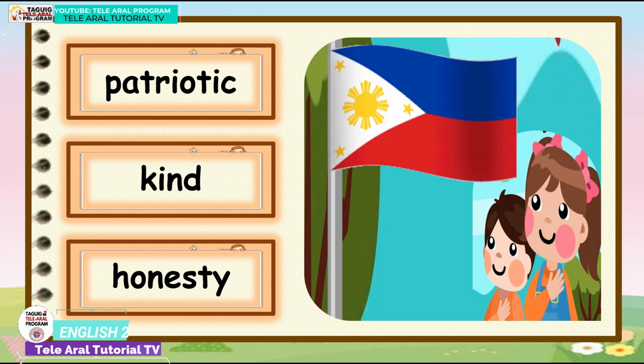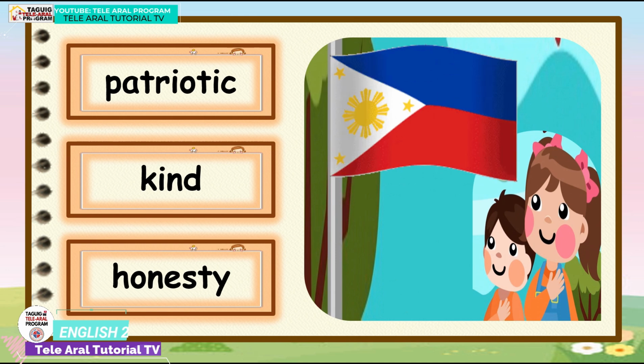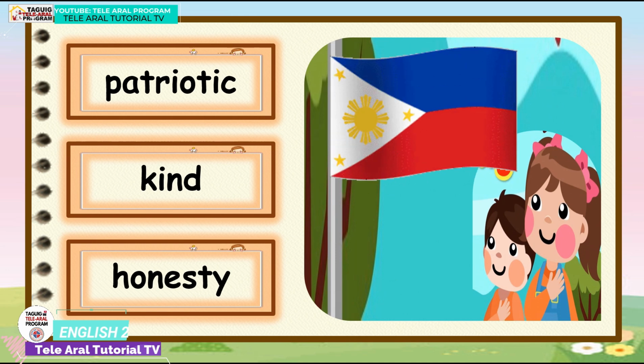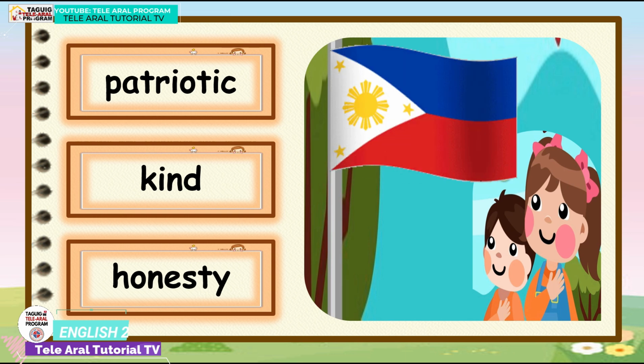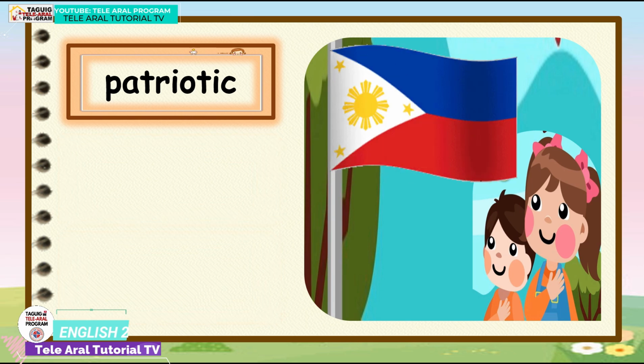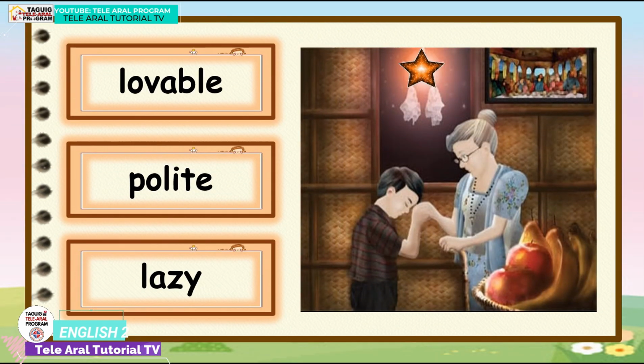Therefore, what character traits do the two children show in the picture? Is it patriotic, kind, or honesty? Very good! The children are patriotic. In the picture, we see a boy and a grandmother. Are you also with your grandmother or grandfather? What do we usually do if we are visiting our grandparents as soon as we see them?